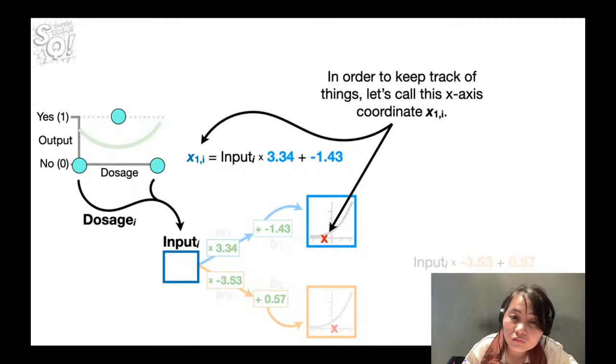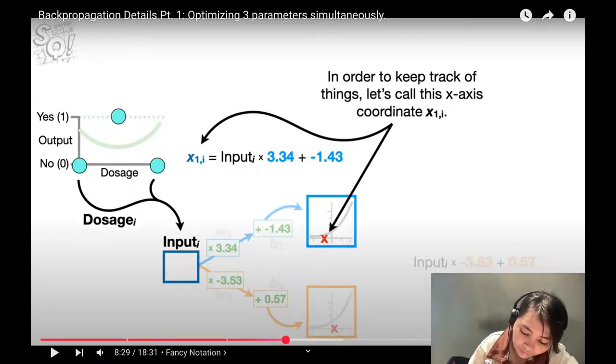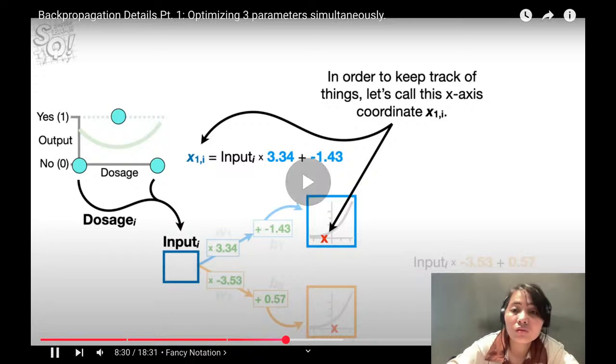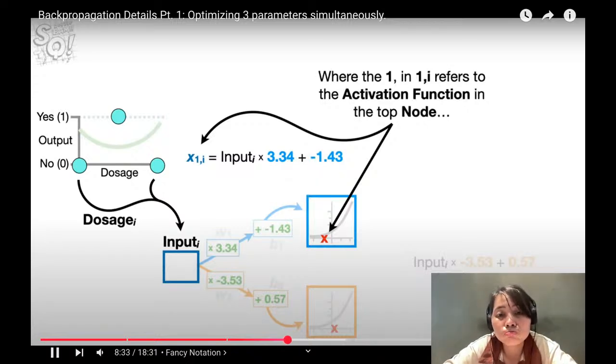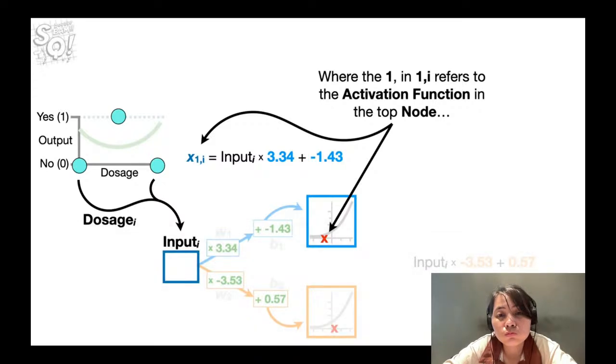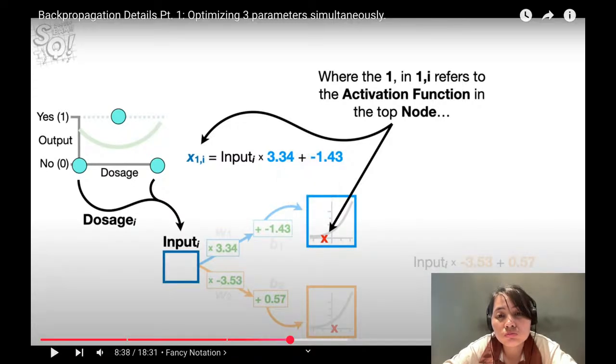In order to keep track of things, let's call this x-axis coordinate x sub 1 comma I, where the 1 in 1 comma I refers to the activation function in the top node.